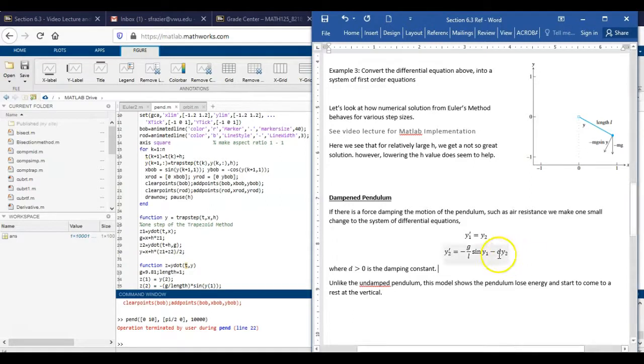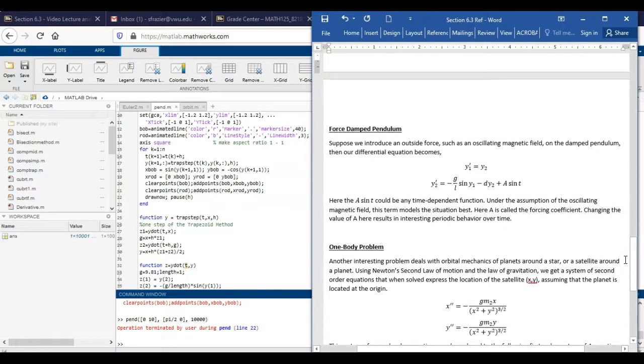So we should expect the pendulum not to just keep swinging back and forth forever and ever, but to come to rest at the vertical. After a certain time, it's going to lose energy and come to rest at the vertical. Okay? So you have a computer problem that deals with that. Again, all you have to do is change line number 35 of this code, by just adding in that little expression.